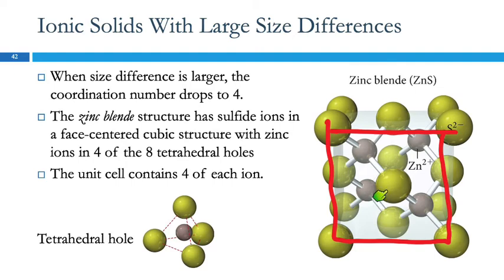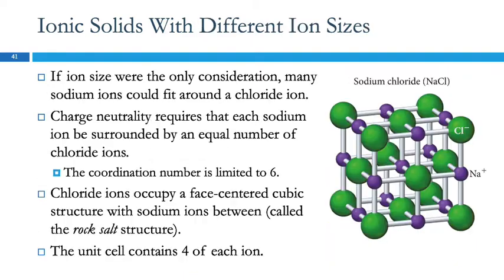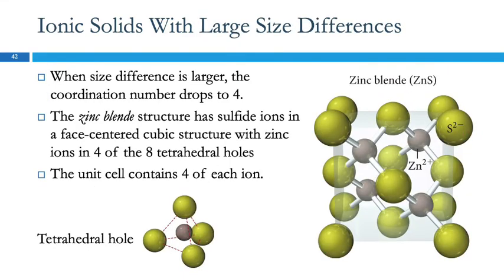So this is a face-centered cubic unit cell, but the zinc ions are in different places within that compared to these guys, right? So these guys are sitting in what's called a tetrahedral hole. So they're in the holes formed by 4 of the sulfur ions.